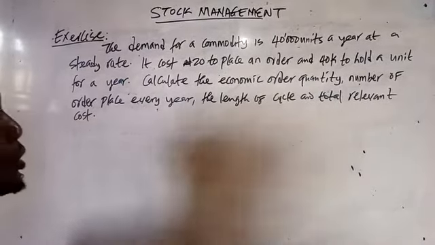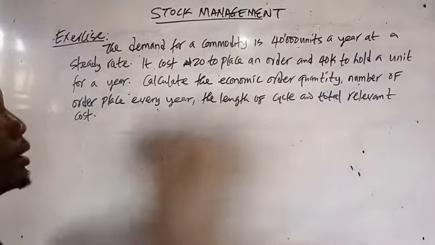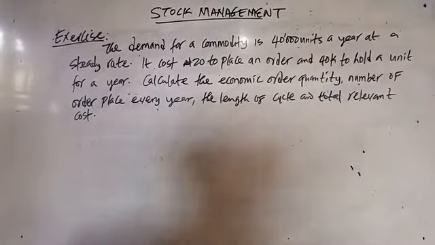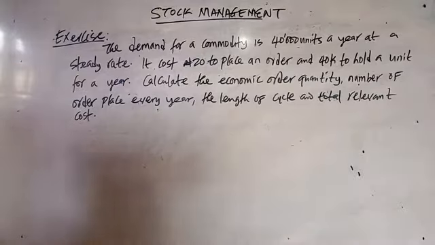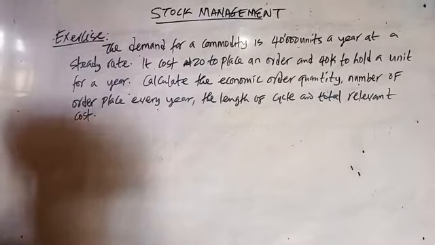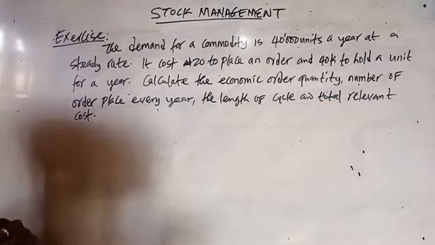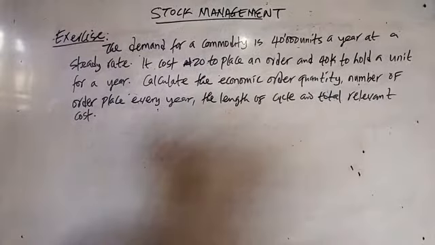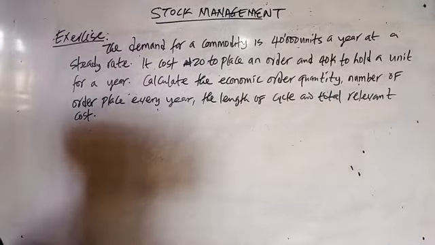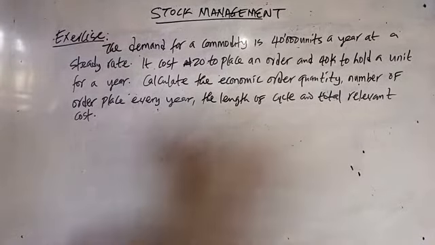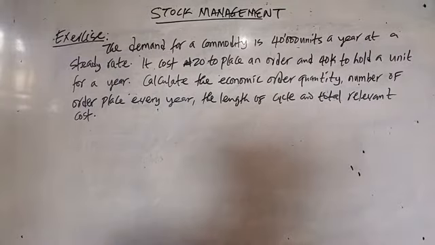In my last video, we started the subtopic stock management. I introduced what we meant by stock management, the stock models, which are the deterministic and stochastic models, and the stock costs, where we have the purchase cost, the ordering cost, the carrying cost, and the stock out cost.